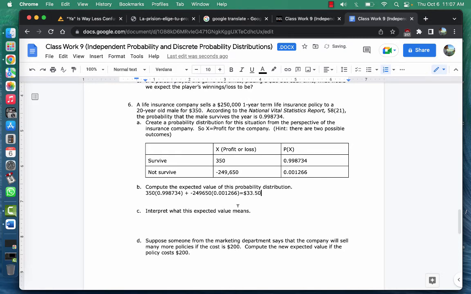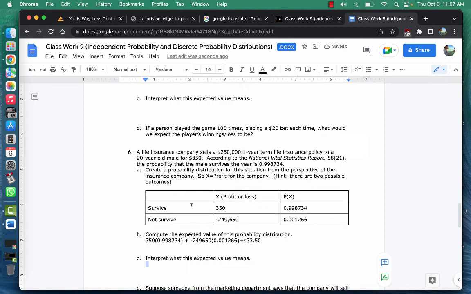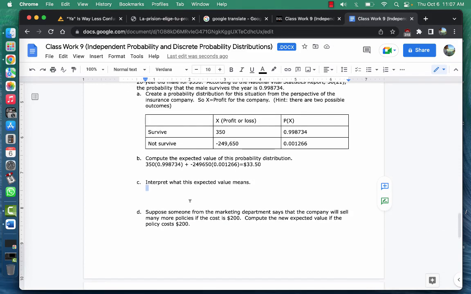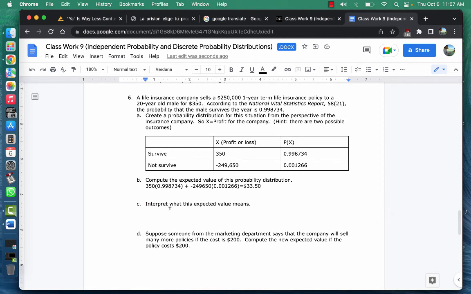$33.50. So what this means, just like we talked about with the blackjack problem, any expected value is the long-term average outcome of this experiment. The risk that the insurance company is taking is they'll take $350 from this person with a high likelihood of keeping it, but they do have the risk of paying out $250,000, which is a loss of $249,650, with a very low probability.